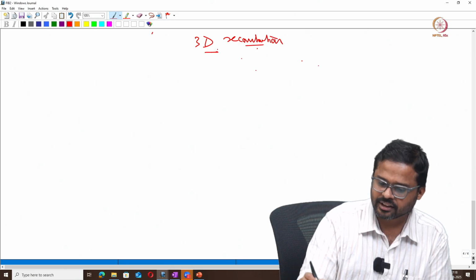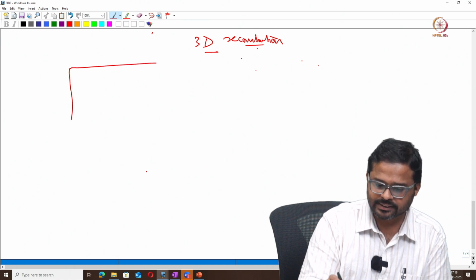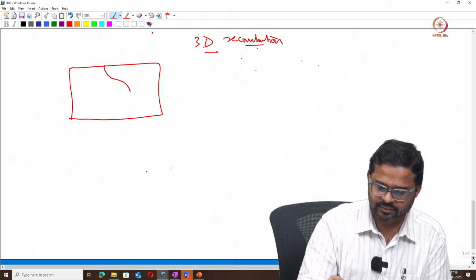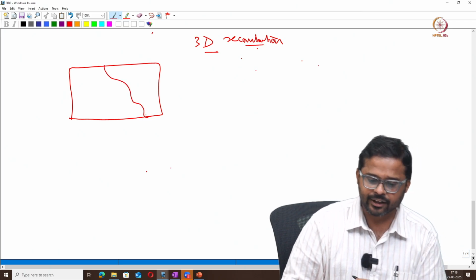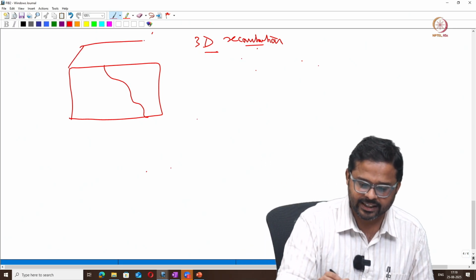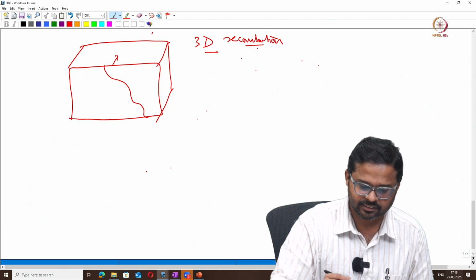3D reconstruction. Now if you have some sample surface, okay, and you have a certain grain boundary at the cross section, and you want to see this grain boundary evolution in 3 dimensions, correct, in this direction.